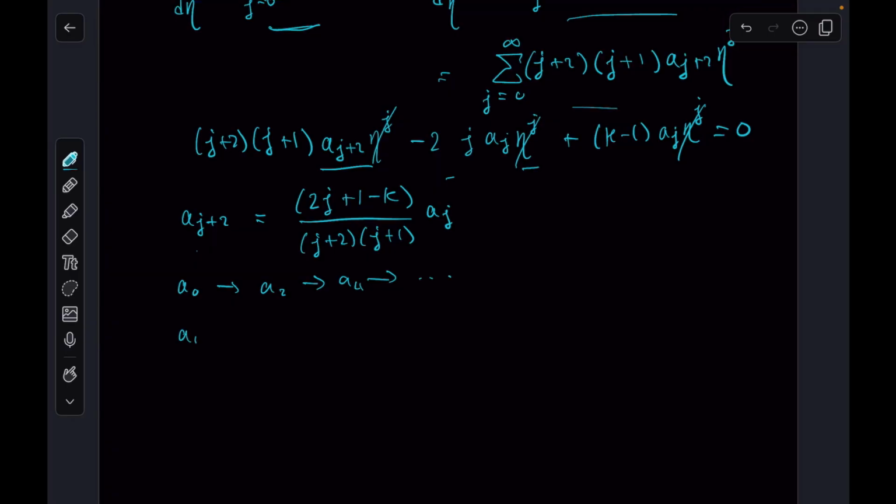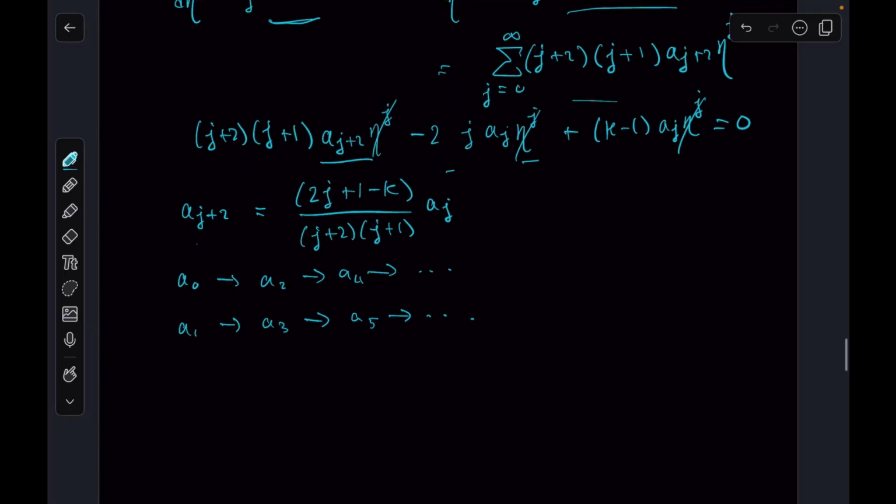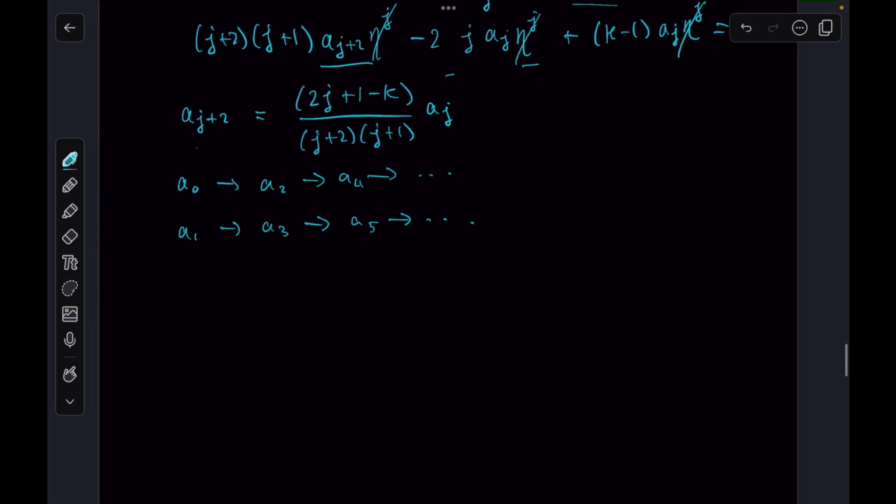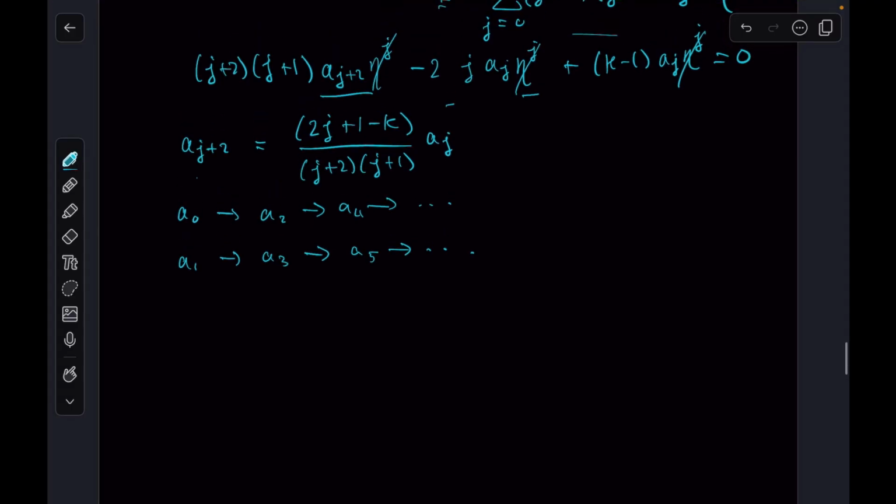Or if we were given a sub 1, we could get a sub 3, a sub 5, and all the odd coefficients. Of course, h is going to include both of these, so h of eta is going to include h odd, which is all the odd coefficients and the odd powers, plus h even.